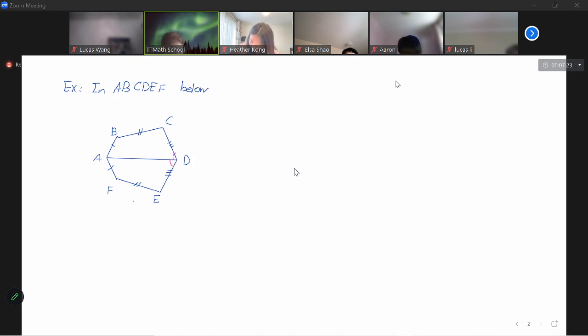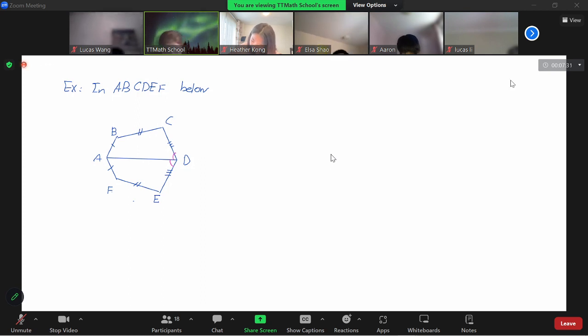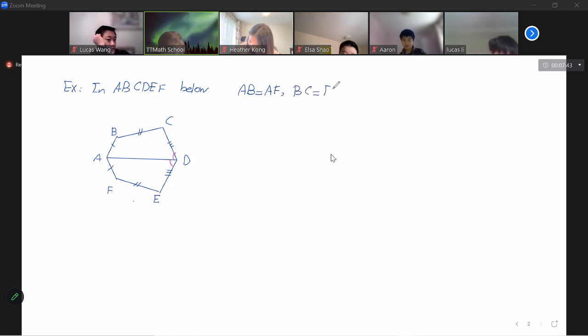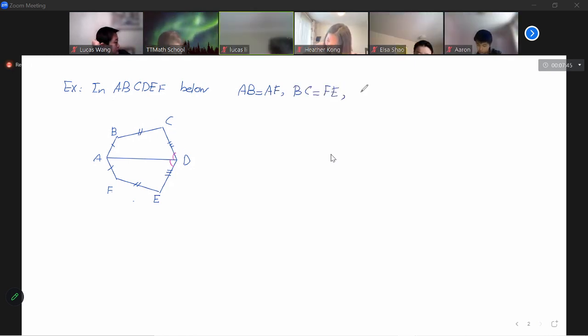Okay, so now let me write down the question. According to this, it's very clear what is equal to what. But let's just write down in A, B, C, D, E, F below. We know that AB is equal to AF. BC is equal to FE. CD is equal to DE.